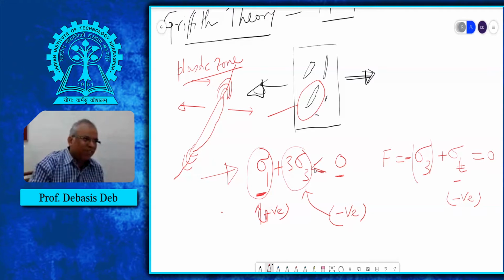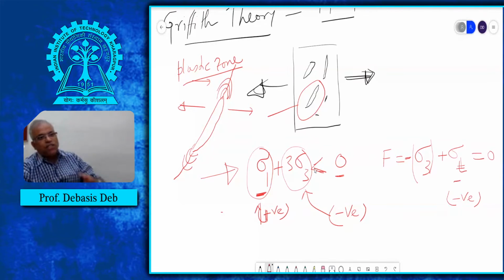So this is the thing you have to know about the tensile failure. If the sigma 3, that is the minor principal stress, its magnitude is more than the tensile strength of the rock, then there will be a tensile failure. And rock is very weak in tension. You remember that. Sigma t is very less.